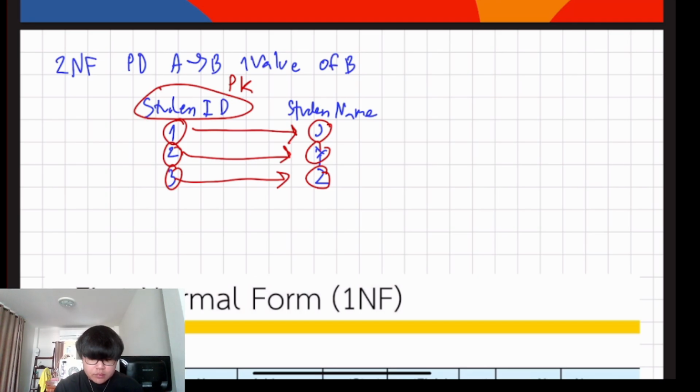So this is a partial dependent, and we write it in a table.